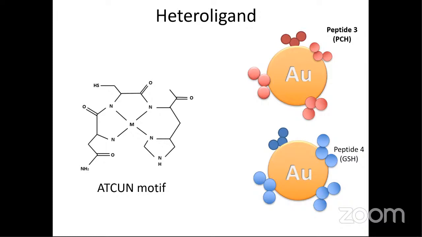So the idea of using heteroligand instead of monoligand is to have the aggregation between two kinds of modified nanoparticles, and at the same time reduce the steric hindrance between the ligands.